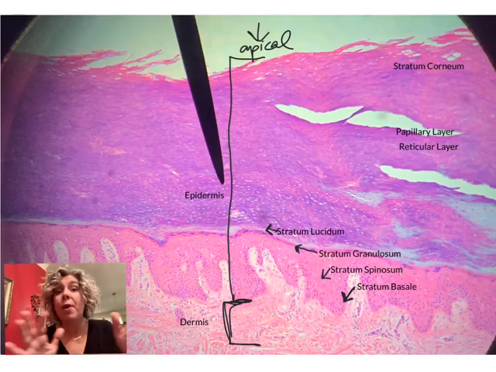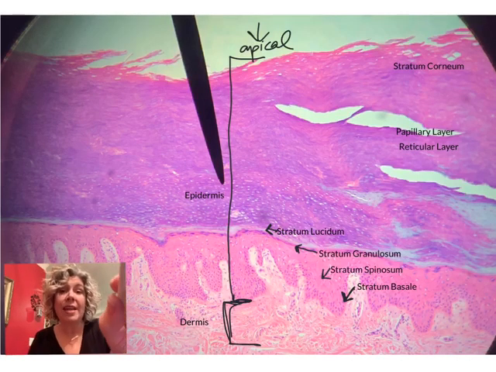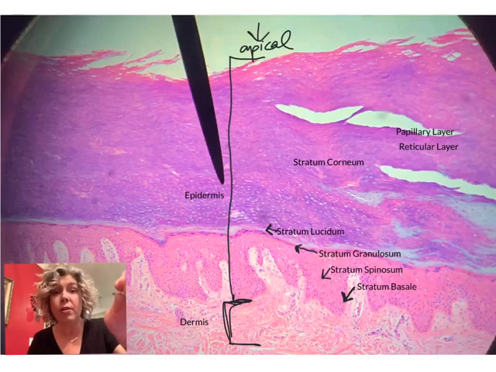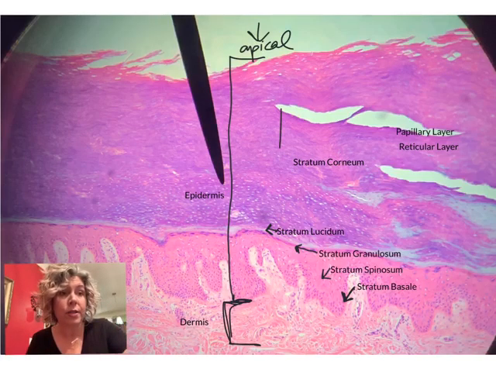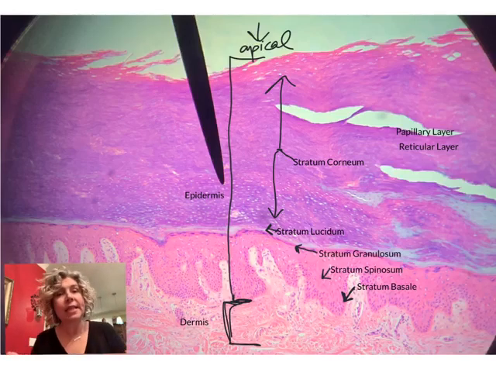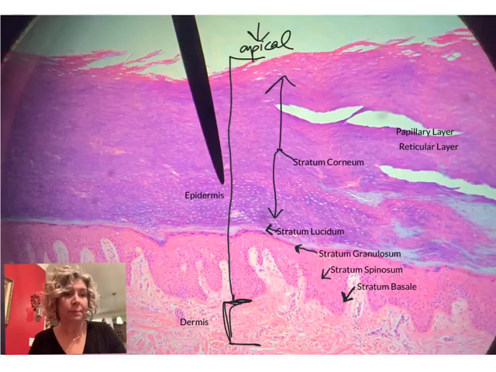Now, everything above the stratum lucidum is all going to be the stratum corneum. So all of this through here to the very surface of the apical area, all the way down to that lucidum, this is all going to be the stratum corneum layer. Completely keratinized cells. All of these cells are dead cells. Okay?